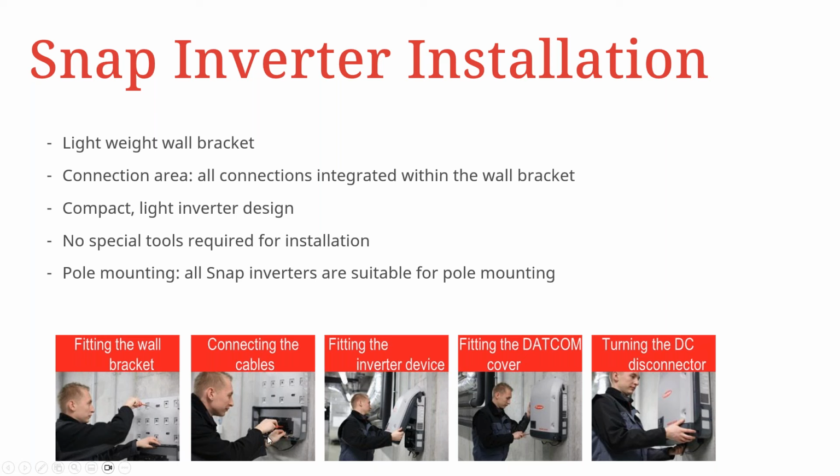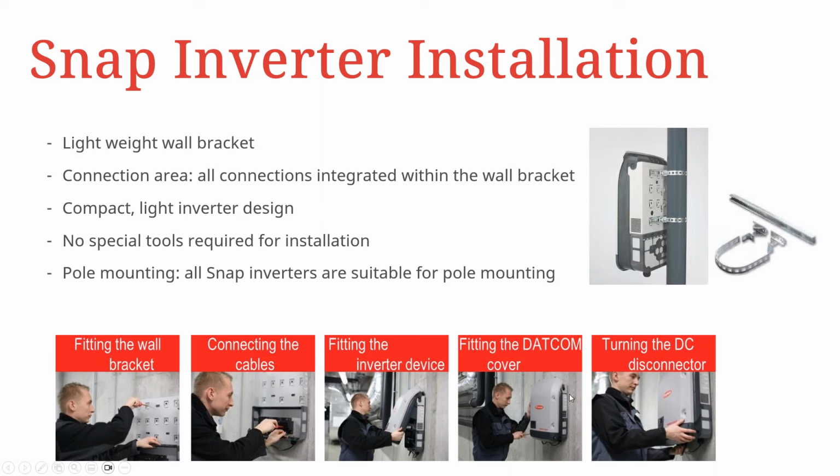Once you have it installed, all you need to do is to have access to the installation terminals and install your cables. Once they're done, you can fit in the other part of the inverter and snap it in, basically where it got the name Snap inverter. Then once you're done, all you need to do next is to fit in the DACCOM cover and screw it in. Once that is done, you can switch on your DC disconnector switch, and you're done with the installation.